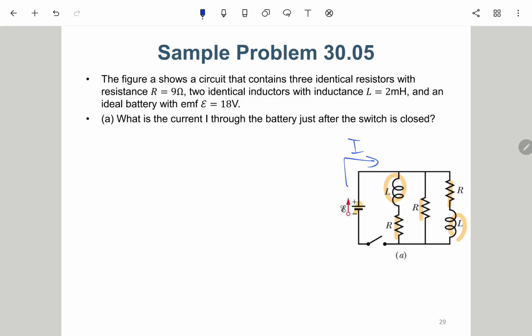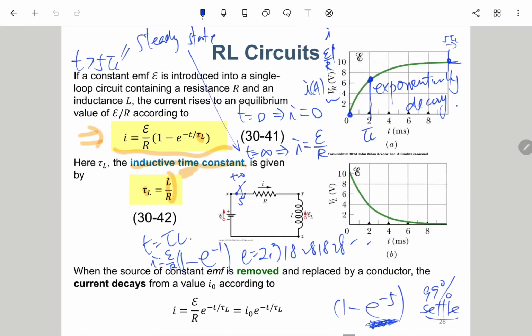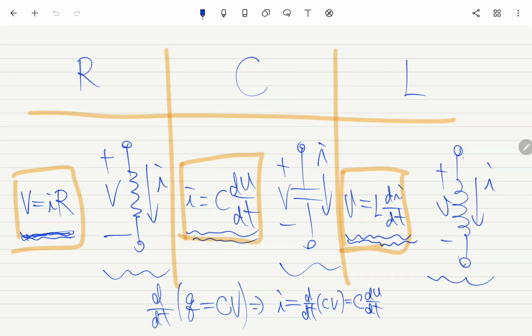I want to say something more about the capacitor and the inductor. As much as we have the derivative on the right side, for the capacitor V is continuous, and for the inductor I is continuous.